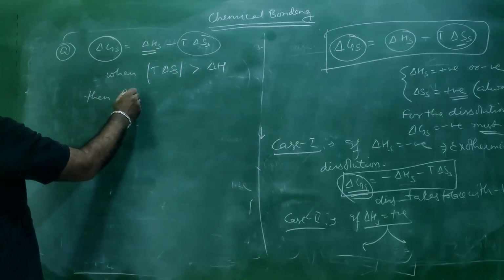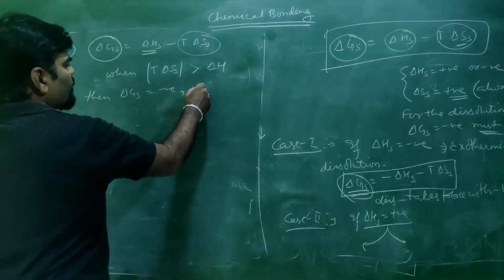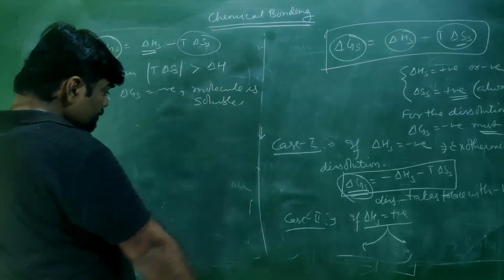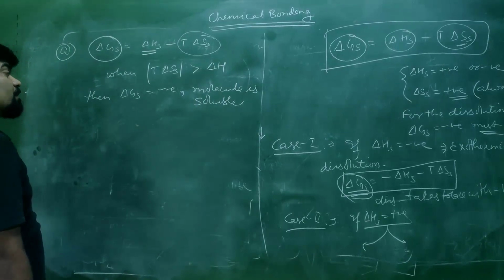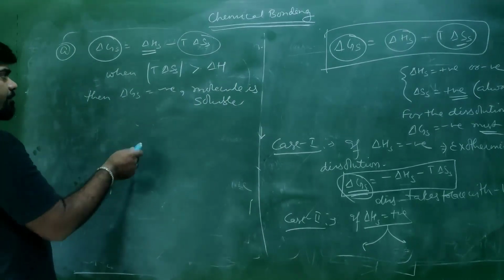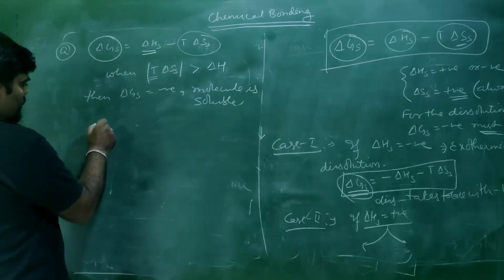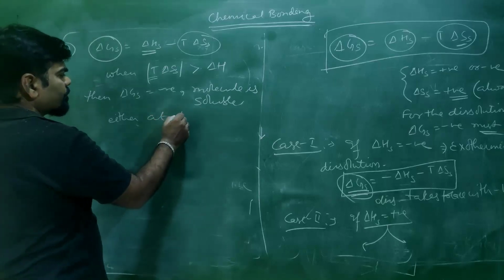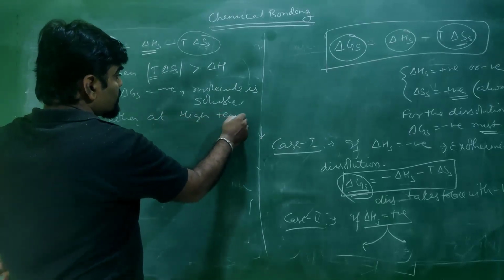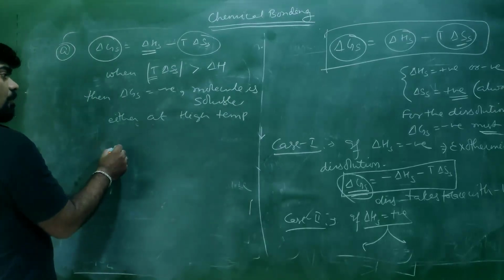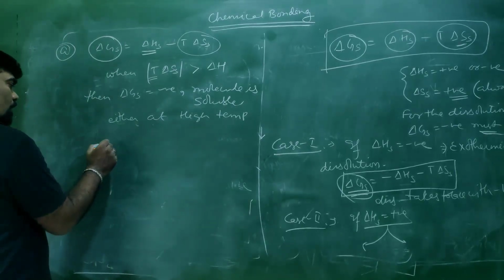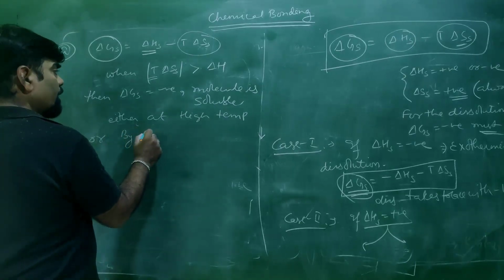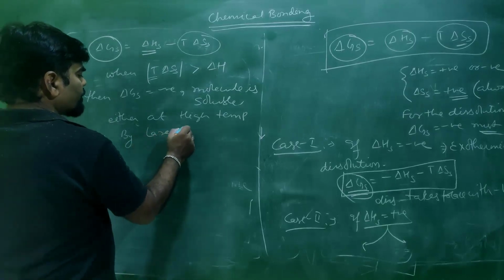Then del Gs is negative and the molecule is soluble. Okay, the dissolution is possible. So how can this be achieved? By increasing temperature. Either this can be done at high temperature, or by a large increase in entropy.